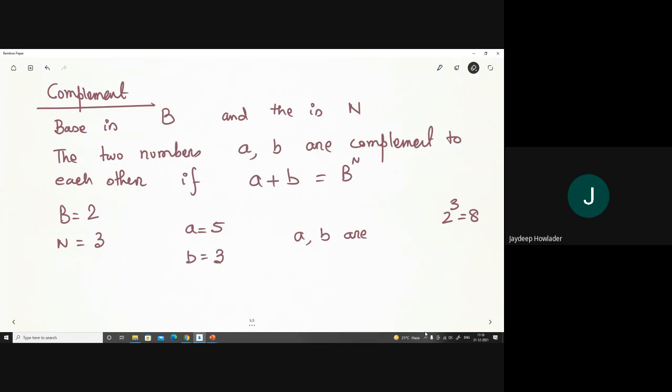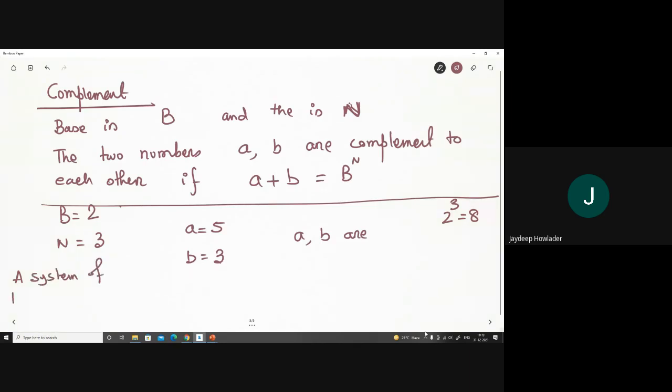And then when we have a size, everything depends on this n. The complement depends on the size of this n. Like if we have a system of binary numbers of size 3 bits, now it is more clear.